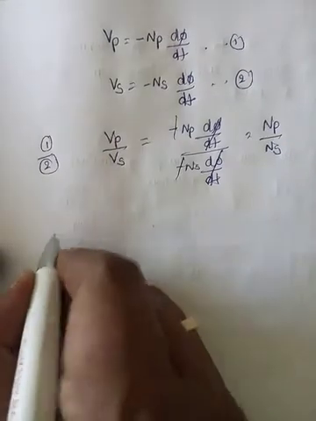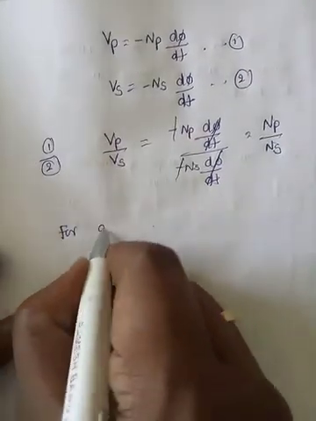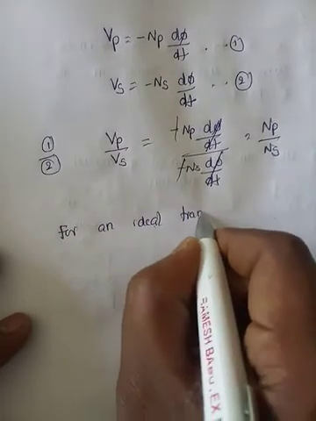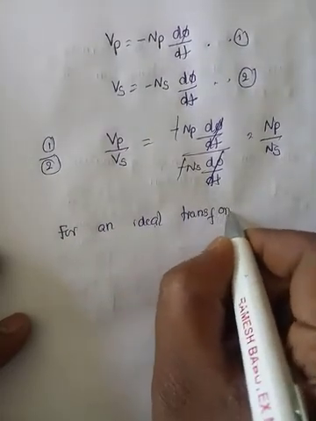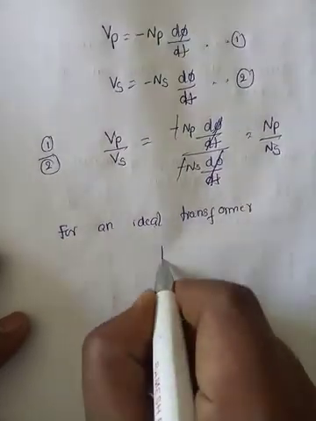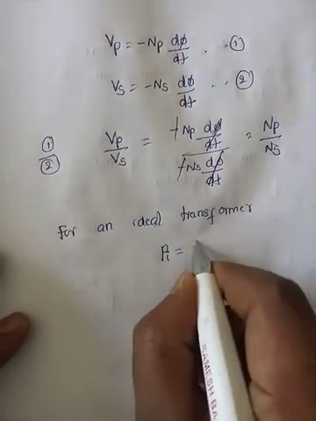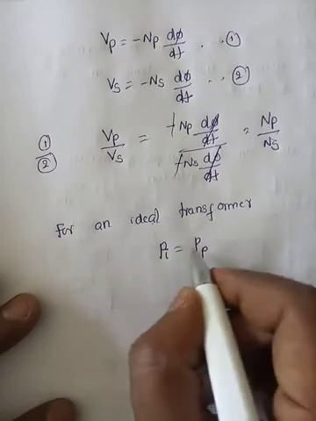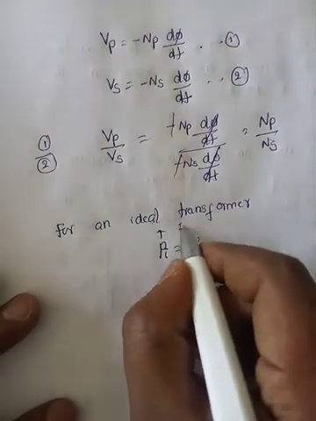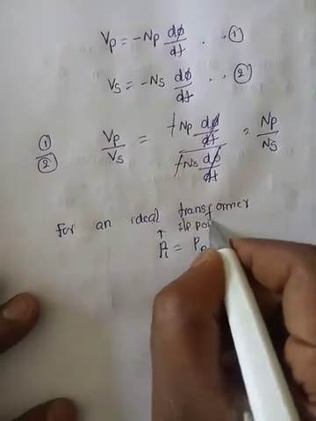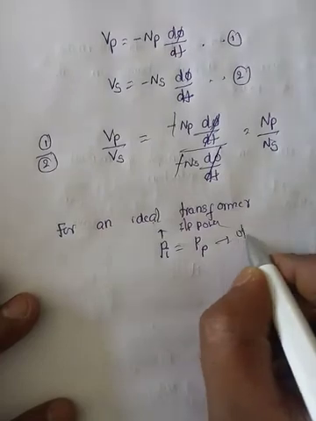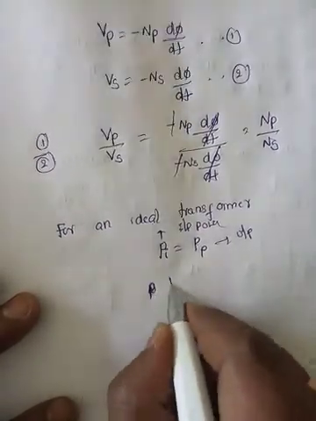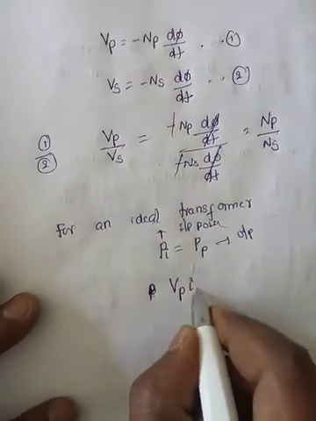So, we are assuming from the first onwards, for an ideal transformer, that there is no loss of energy, no loss of power, meaning how much power we give as input, the same output we get. Input power is equal to output power. Pi is input power, Po is output power. What is input power? Sorry, voltage Vp into Ip.